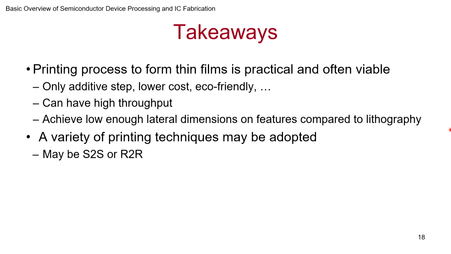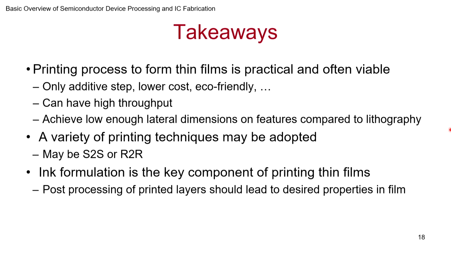A variety of printing techniques may be adopted, as we have seen, and they broadly come in two categories: sheet to sheet or roll to roll. If you are doing wafers, maybe a sheet to sheet approach might work, and roll to roll in case you are using large substrates, say flexible substrates. Ink formulation actually is the trick in the whole printing process. A lot of sophistication will go into ink processing, in conjunction with the design of the printer and post processing.